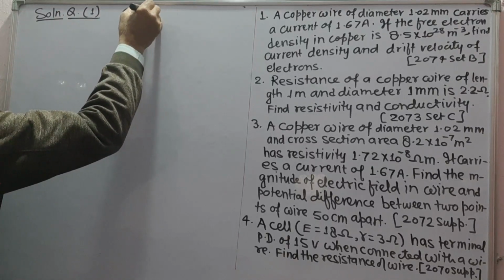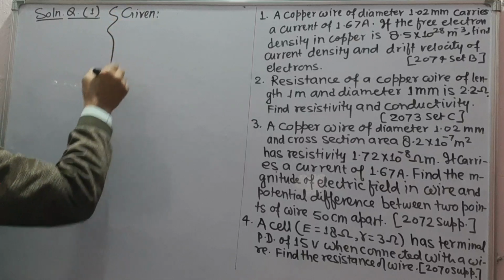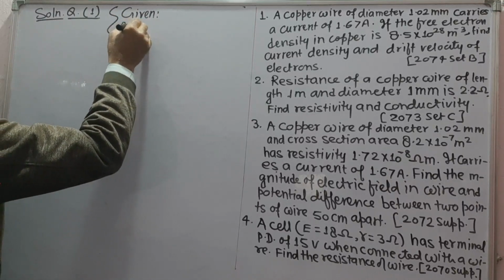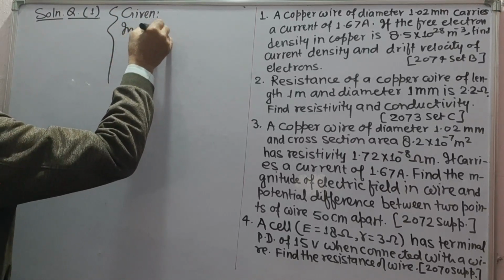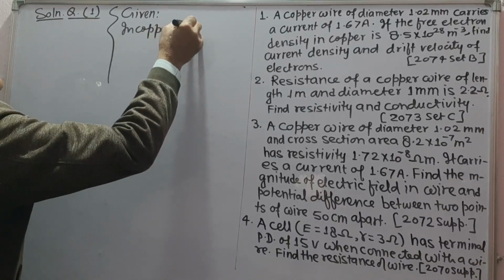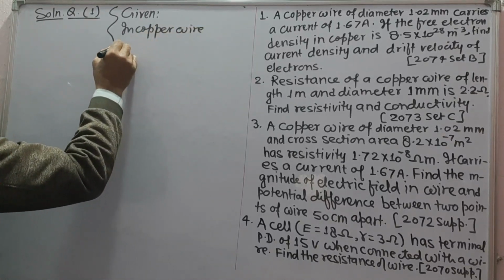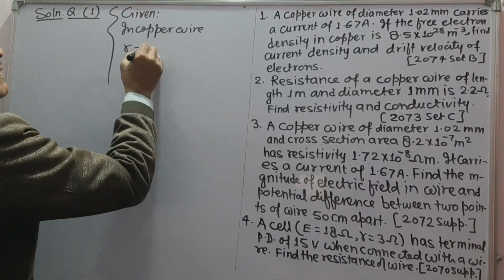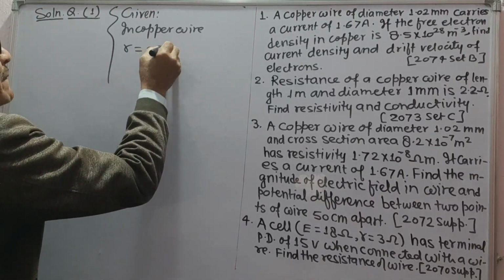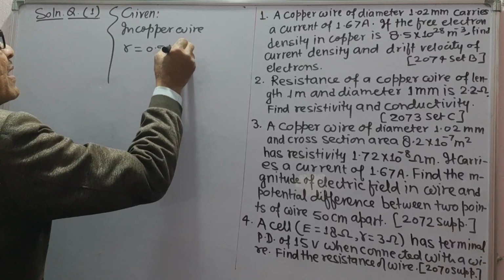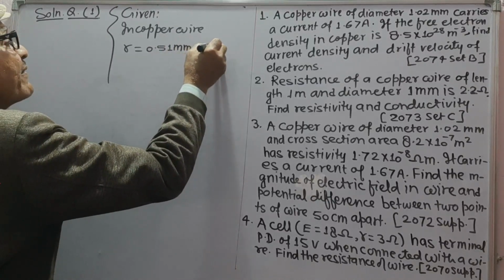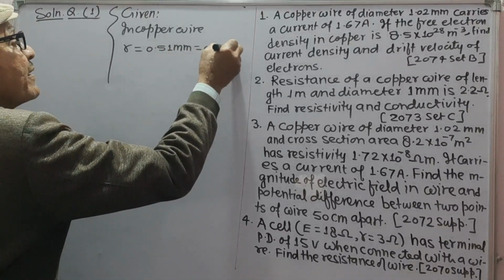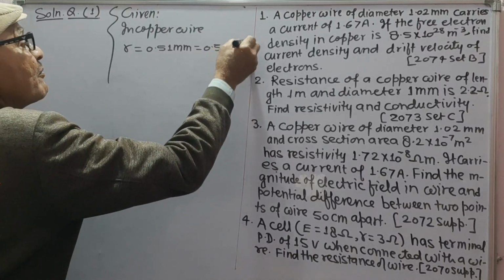Given, in copper wire, radius is diameter upon 2, means 0.51 millimeter, which is 0.51 into 10 to minus 3 meter.